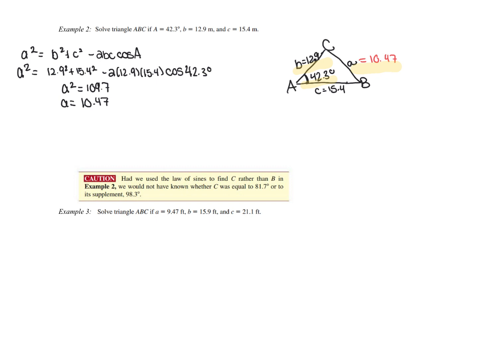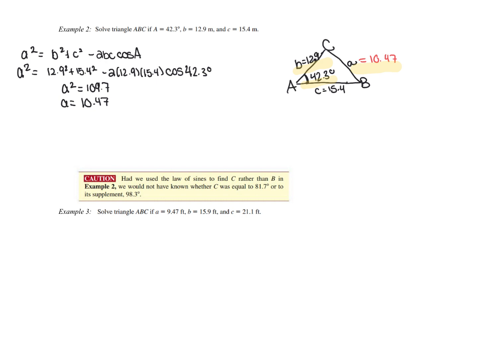I don't want to find side C or angle C first because angle C could be the answer that comes out or the supplement version. So I want to find angle B first so that it forces C to be the right version.